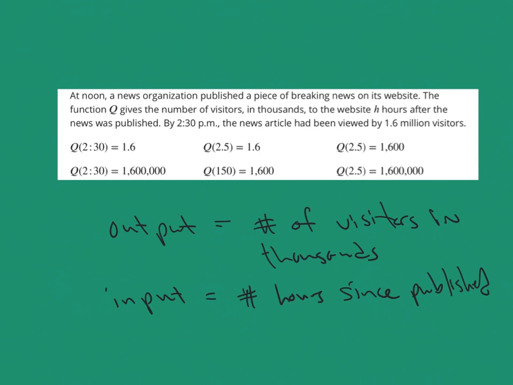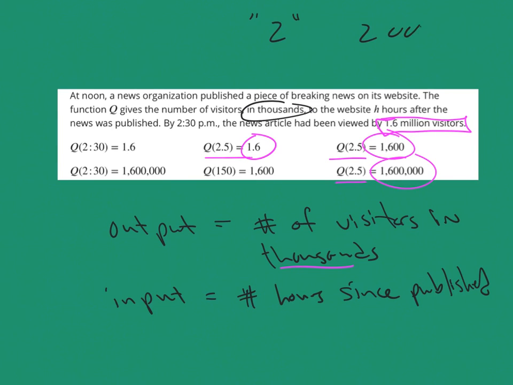Now, which one of these outputs is the real version of 1.6 million? The number itself is in thousands. So if you take a number, say 2, and that number is representing thousands, then 2 technically means 2,000.